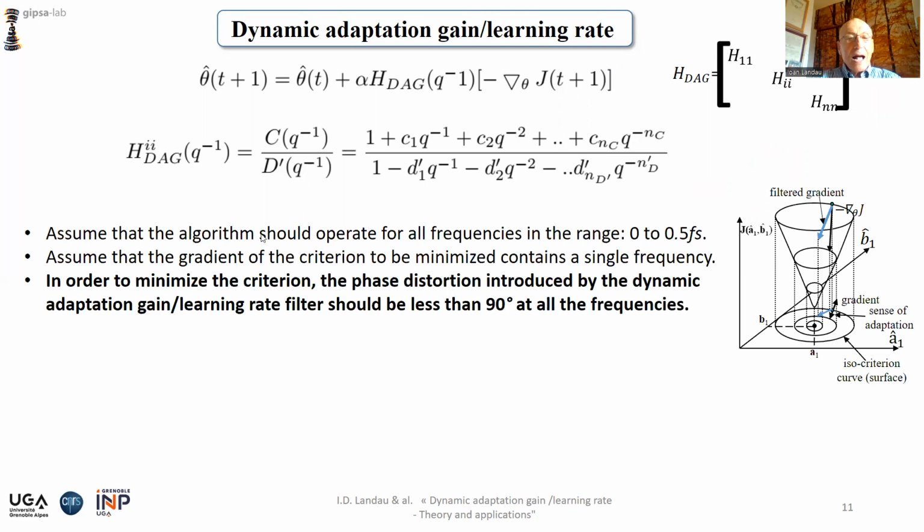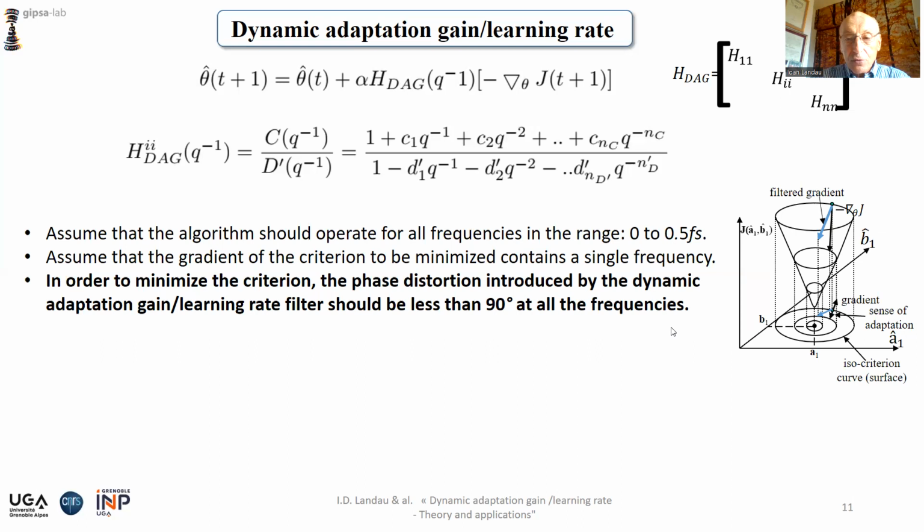Now, assume that the algorithm should operate for all frequencies in the range from 0 to half of the sampling frequency. Let's assume that the gradient of the criterion to be minimized contains a single frequency. In order to minimize the criterion, the phase distortion introduced by the dynamic adaptation gain filter should be less than 90 degrees at all frequencies.